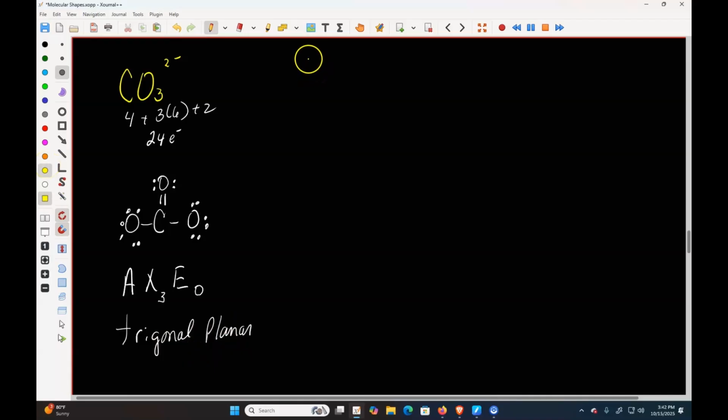Okay, let's try H2O. I have 2 hydrogens. Each hydrogen has 1 electron, plus oxygen, which has 6 valence electrons, which gives me a total of 8 electrons. Hydrogen can never be the central atom, so the central atom will have to be oxygen. So I have a hydrogen on each side. This is not exactly drawn correctly, but we'll fix it in a minute.